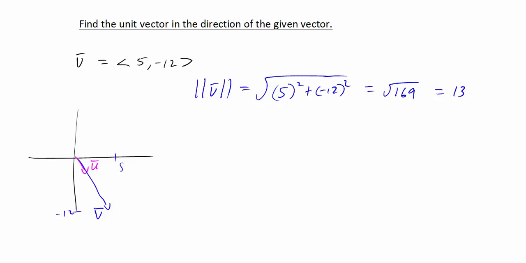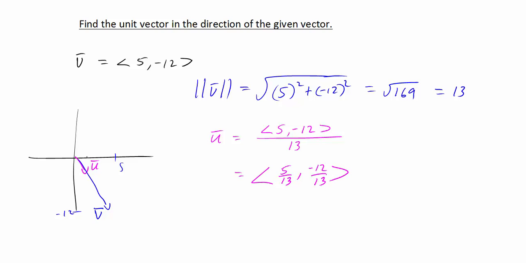If we want to find the unit vector, and we'll call it u in this case, it's going to be equal to our given vector 5, negative 12 divided by the magnitude of 13. So we take 5 divided by 13, and we get 5/13 and negative 12 over 13.